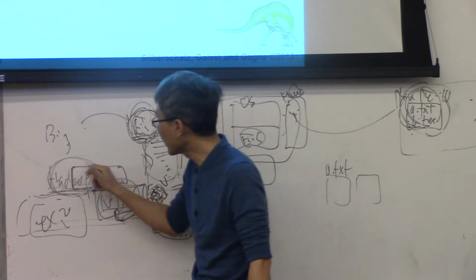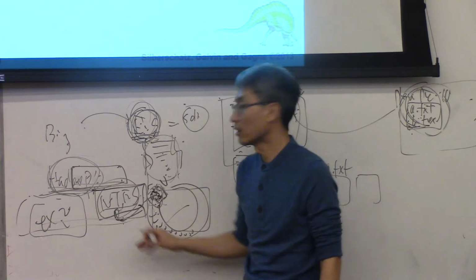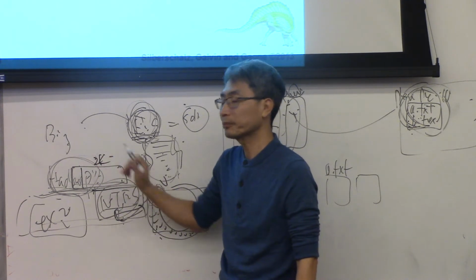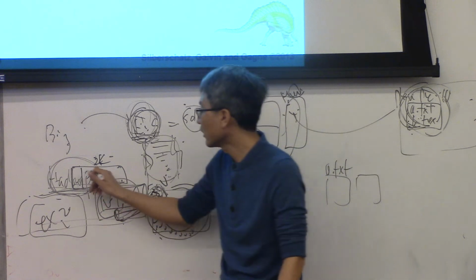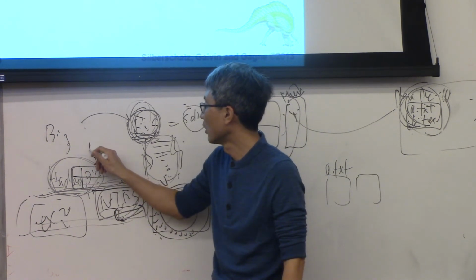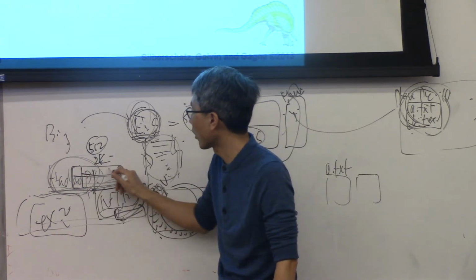Okay? Then this file will be organized by what? The same thing, blocks. For example, if you create a 2K default file system and my block size is 512 bytes, how many blocks do you have?